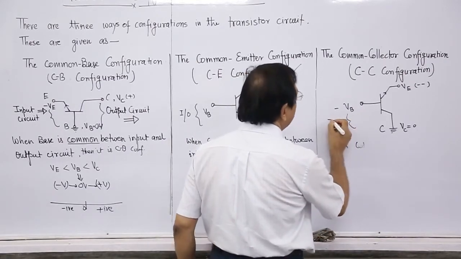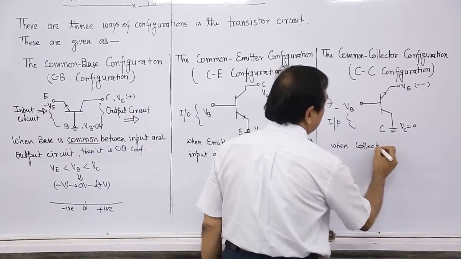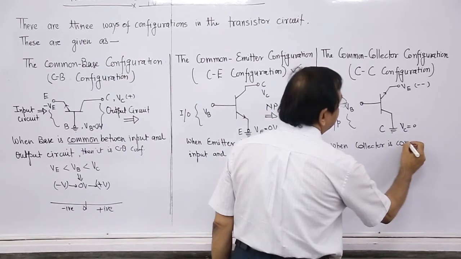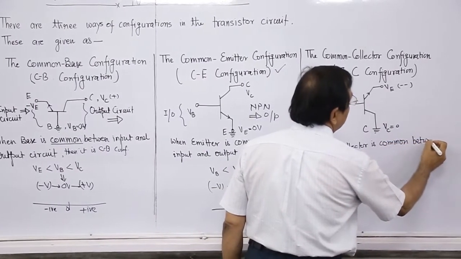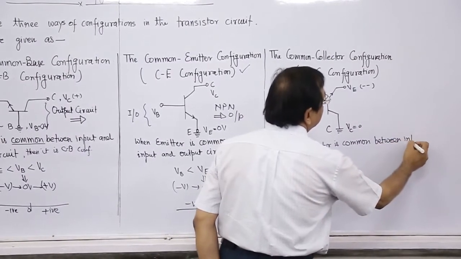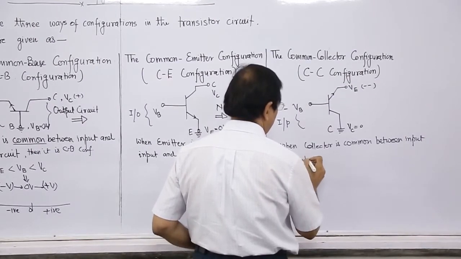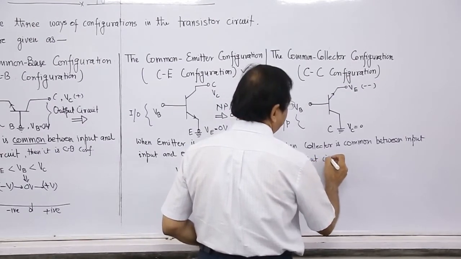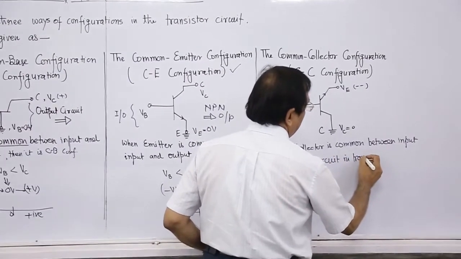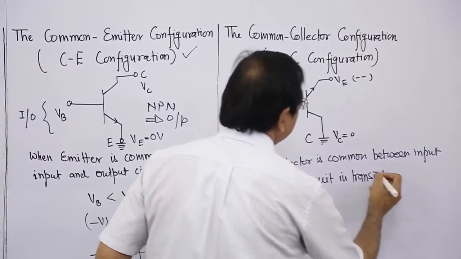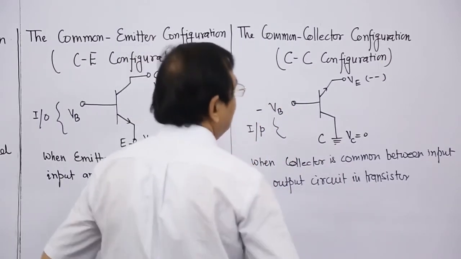This is the input portion, and when the collector is common between the input and output circuit in the transistor, this part is grounded.